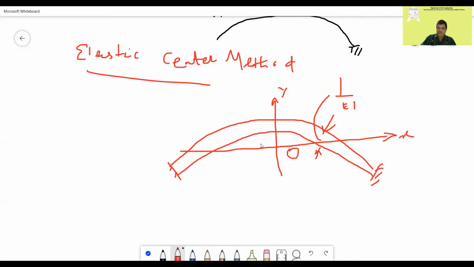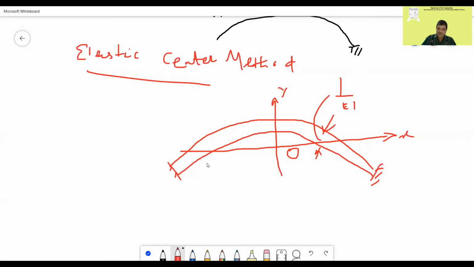If you take the analogous column section having thickness 1 by EI, the cross section takes the shape of the given structure, with the thickness at any point equal to 1 by EI. So this is analogous to a column, and the elastic center O is defined as the centroid of this section.